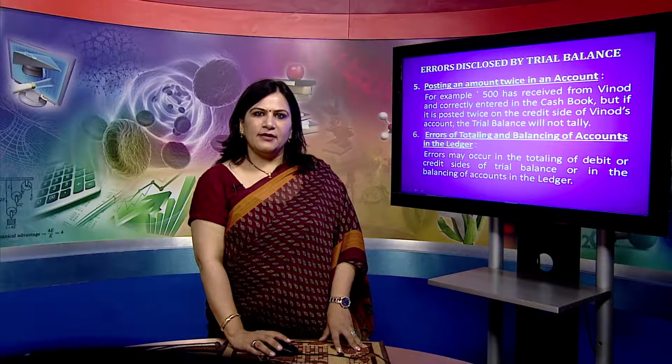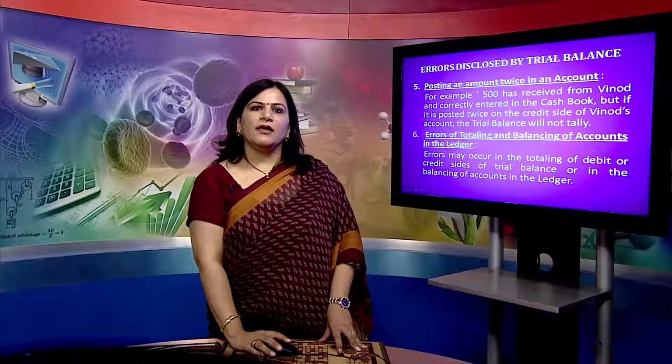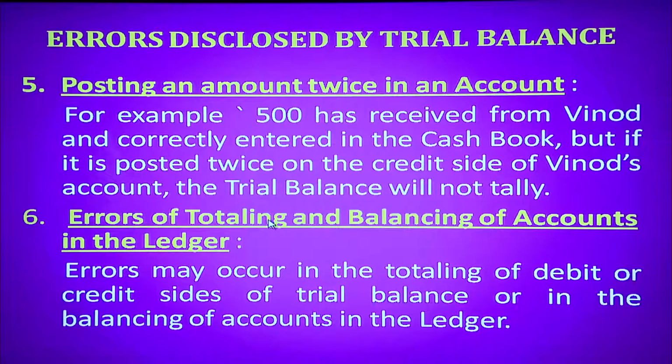Then the next error which might occur is posting an amount twice in an account. For example, rupees 500 has been received from Vinod and is correctly entered in the cash book, but if it is posted twice on the credit side of Vinod's account, the trial balance will not tally.